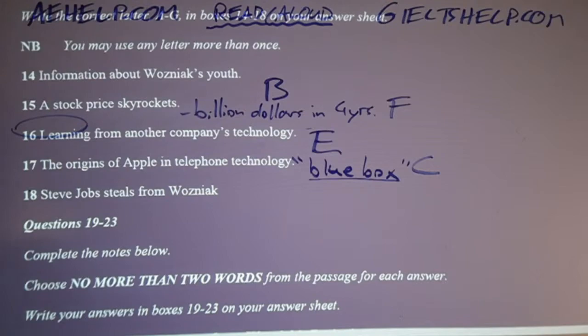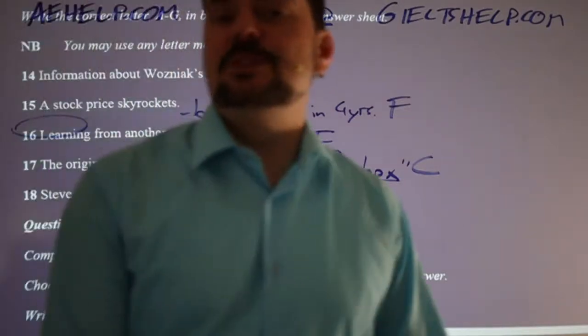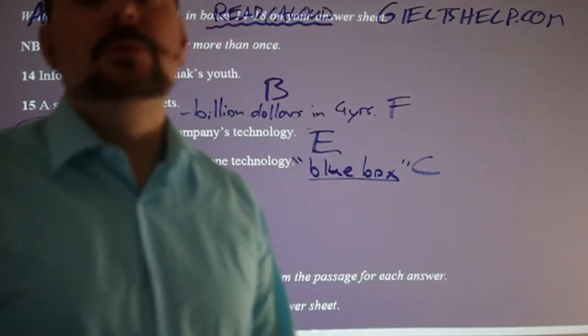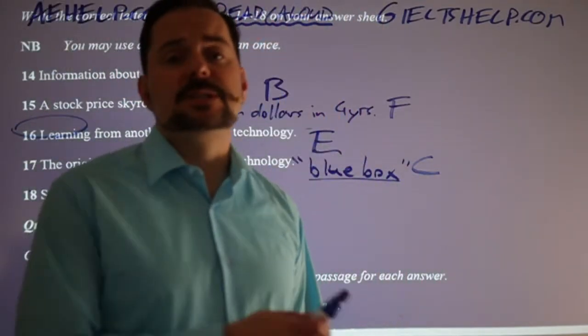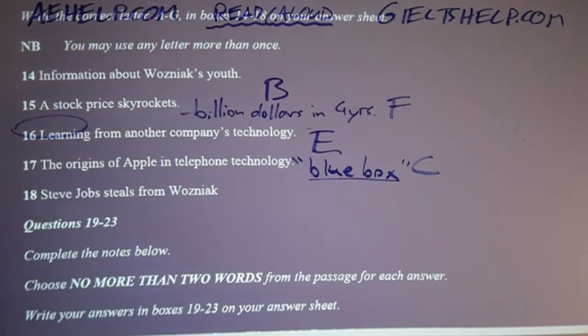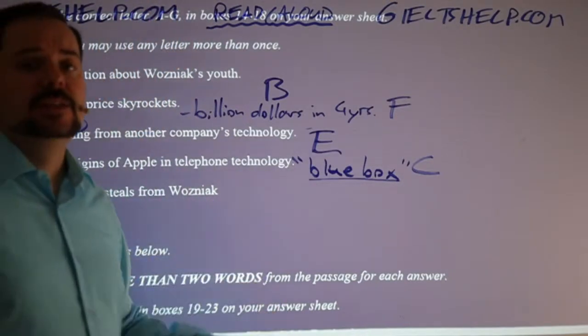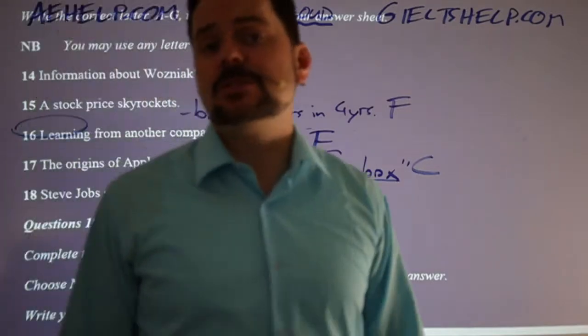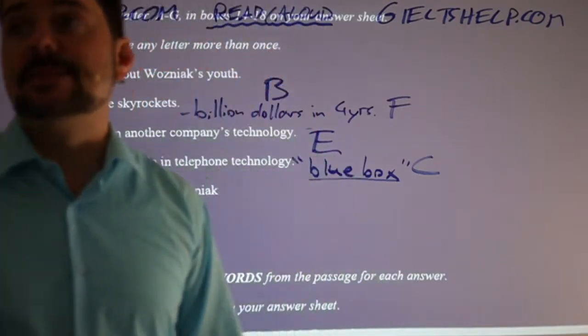All right, number 18, Steve Jobs steals from Wozniak. He took my money. He owes me $2,000 something dollars. By the way, that's not small money. So back when Steve stole that money from Steve Wozniak, from me in this case, that would have been like $8,000-9,000 today in today's money, or $10,000, right?